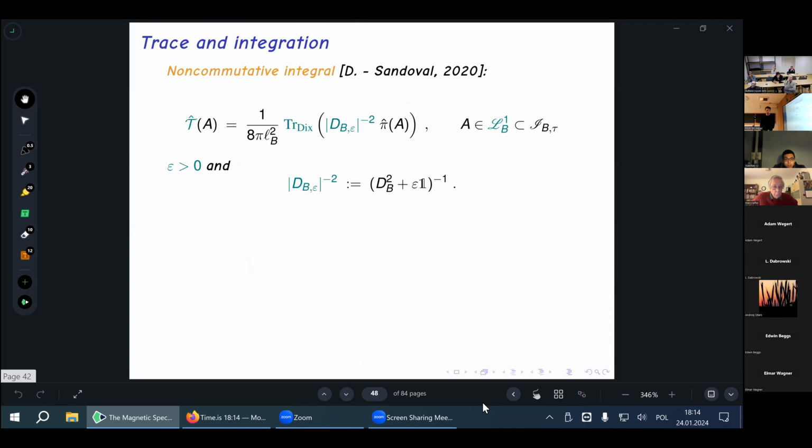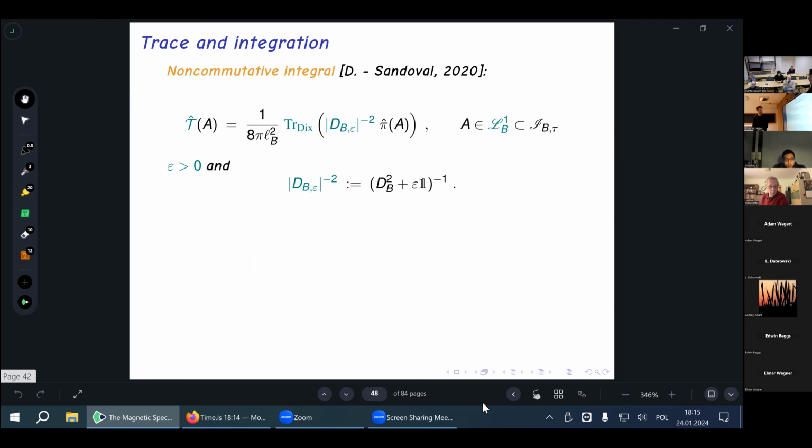The first result that I obtained with one of my former students, Maximiliano Sandoval, was to reconstruct the trace per unit volume using the Dixmier trace and this Dirac operator, like in the first of the results obtained by Jean in the discrete case.